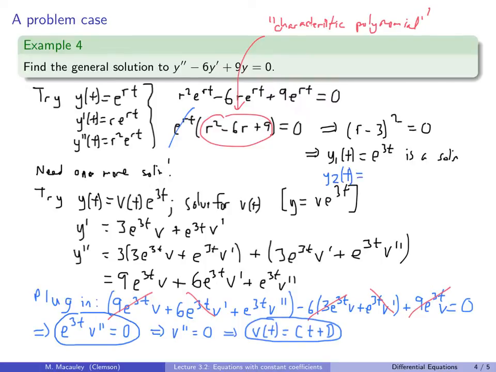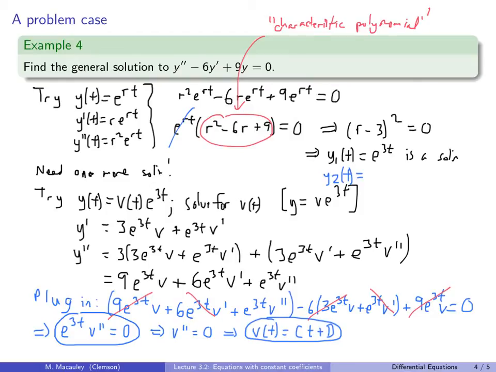This is what we're trying to find, a second solution. So here we have a two-parameter family of second solutions. 1t plus 1 works. 18t plus 3 pi, that works. We only need one. So let's come up with the simplest solution we can from this. Well, not quite the simplest, because if we pick c and d to be 0, that doesn't help us. Or if we pick c to be 0 and d to be 1, then we get the same solution that we got here. And we actually want, remember, a different solution.